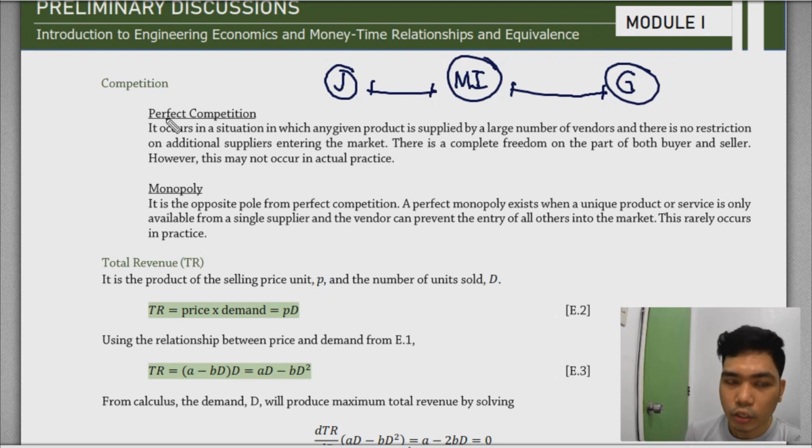You can finish it by simply replying to the email, stating your reason if you choose perfect competition or monopoly. So that is for this discussion.